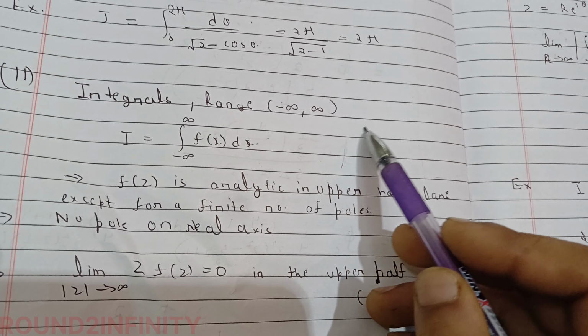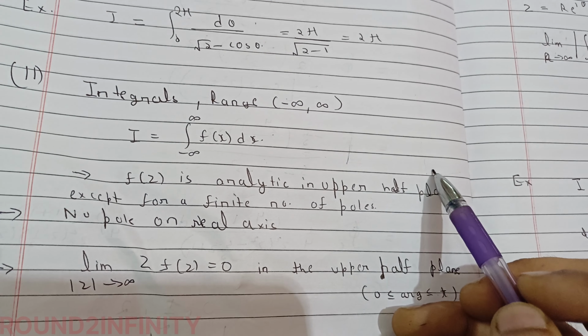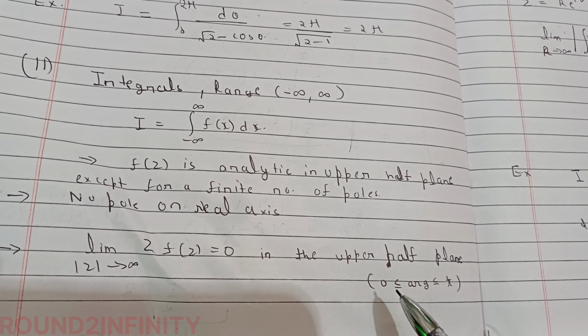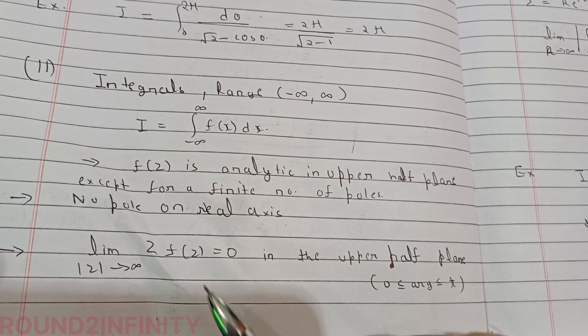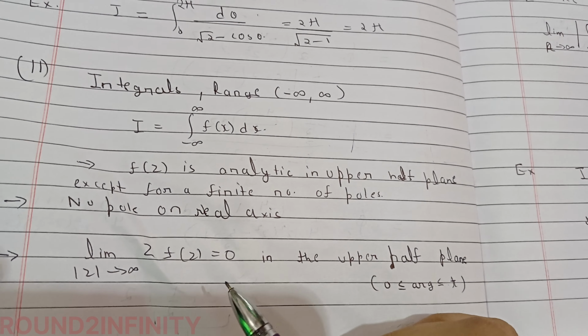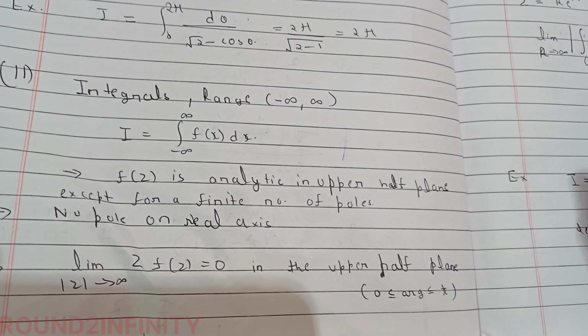In the upper half plane, what is the range of theta? Theta is 0 to pi. Theta is nothing but the argument, so theta will be greater than or equal to 0 and less than or equal to pi, and this should be 0 in the upper half plane. When these conditions are satisfied, how can you write this integral?